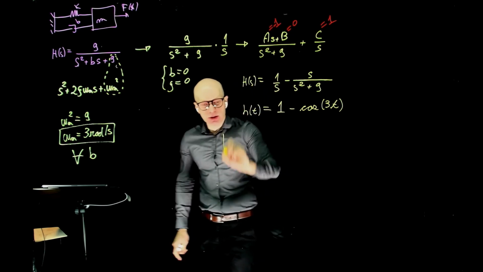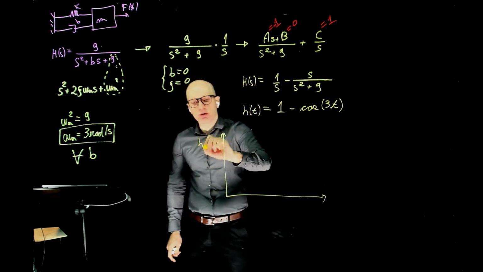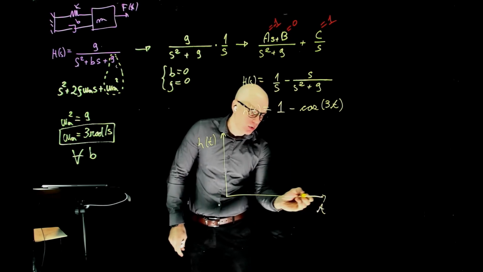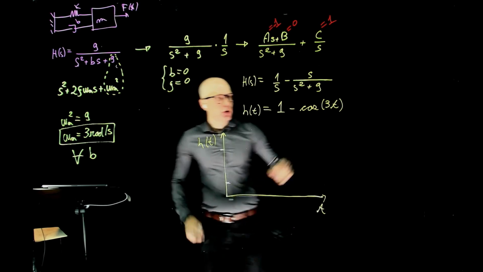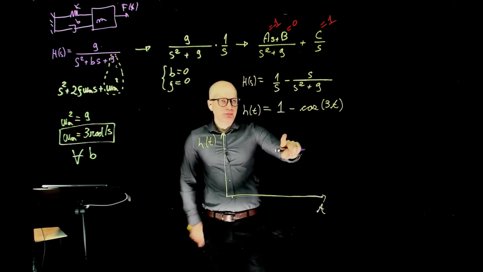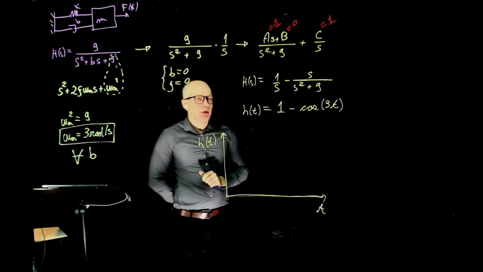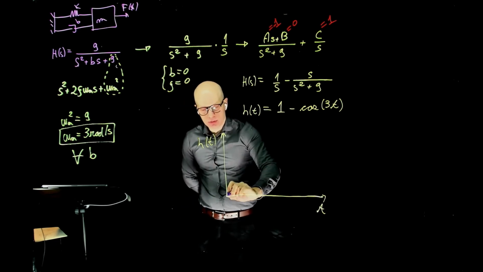So if you plot this, what should we see? So this is h of t, and this is time. When time is 0, we have cosine of 0 is 1, so this is 0.